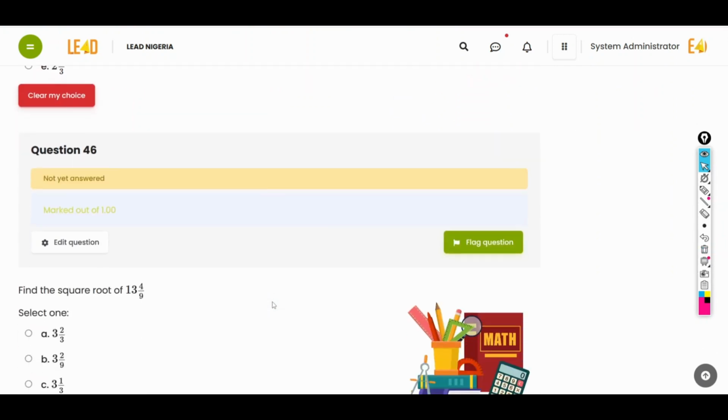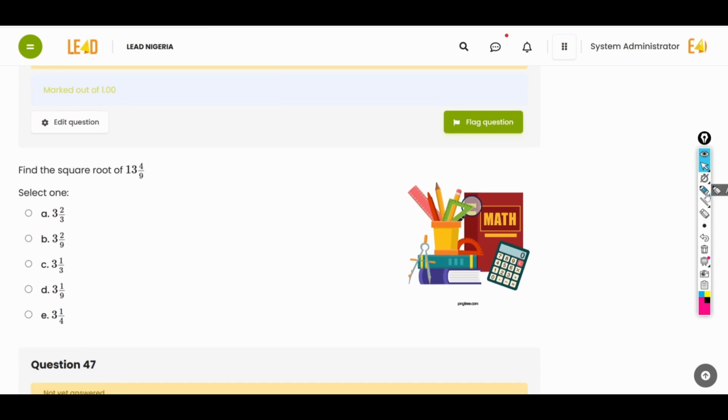Next we have a similar question now, which is brilliant. So we can try this one again. We need the square root of 13 whole number 4/9. The first thing we do is rewrite it as an improper fraction.